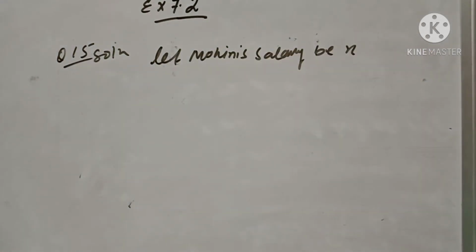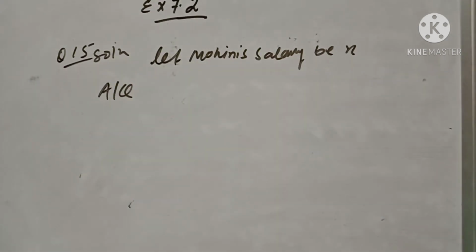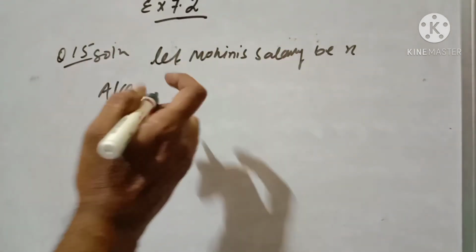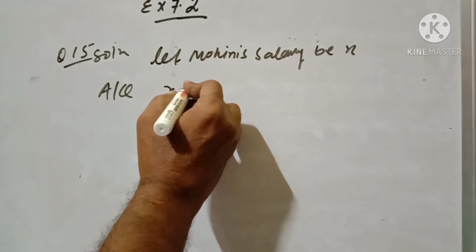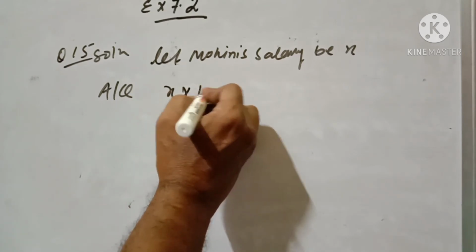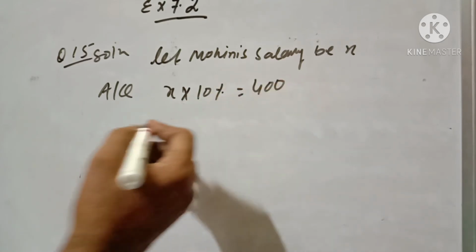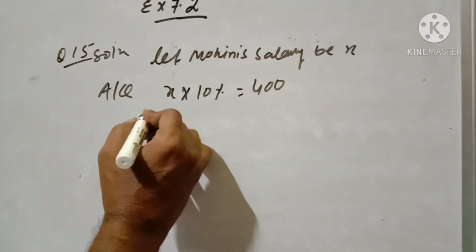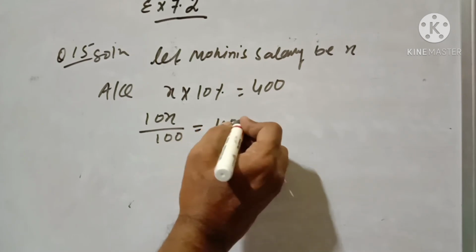So according to the question, it is given that 10% of her salary is saving, that is 400. So X of, means multiply, 10% equal to rupees 400. So X into 10 by 100 equal to 400.